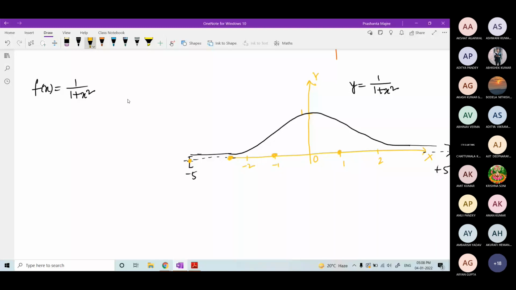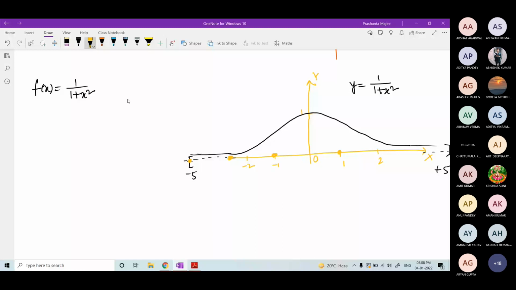These are the x values, and from the function you evaluate the corresponding y values.